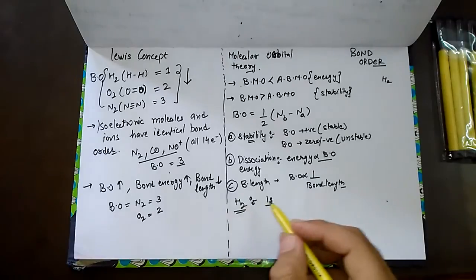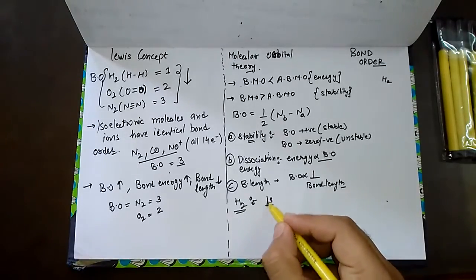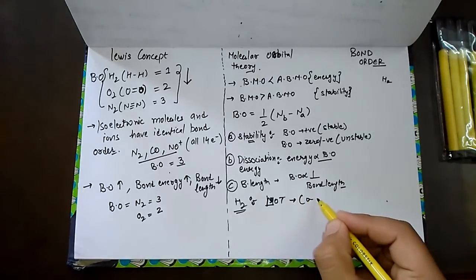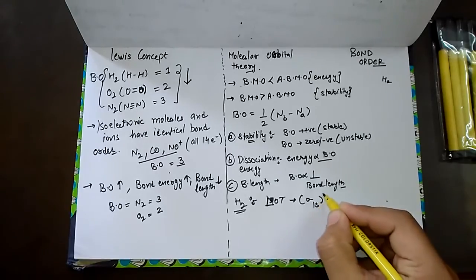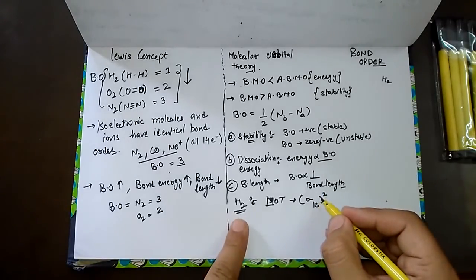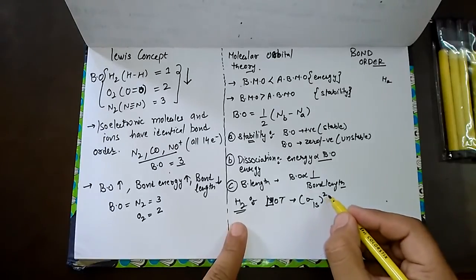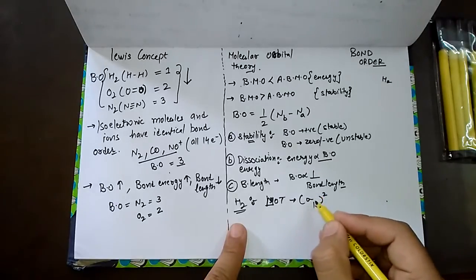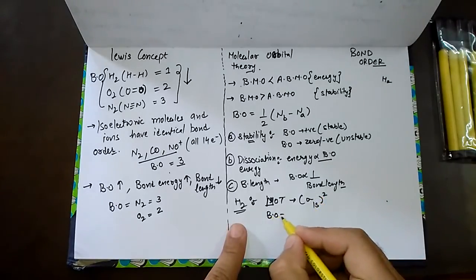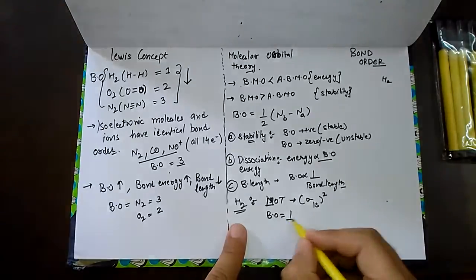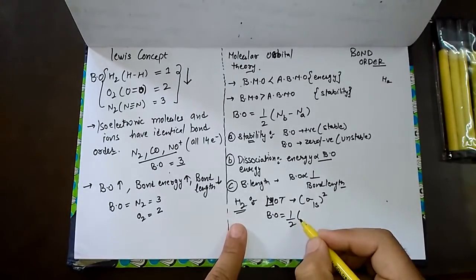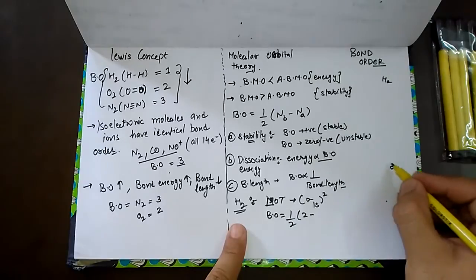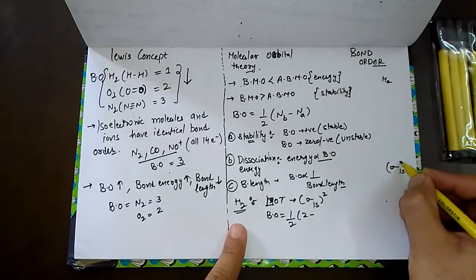So writing the MOT configuration, we write it as sigma 1s2. Two electrons are for two atoms, so these are in the bonding molecular orbital. Finding the bond order, we take half of the number of bonding electrons, 2, minus the number of anti-bonding electrons. Anti-bonding is marked with an asterisk or star.